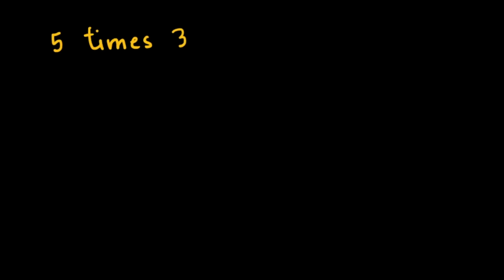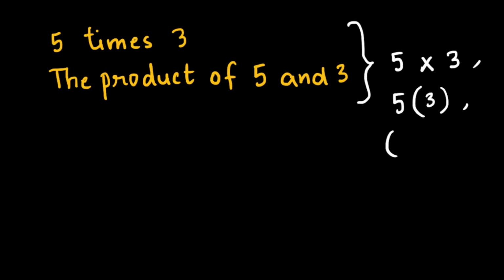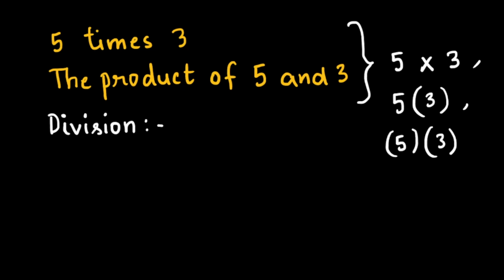Similarly, 5 times 3, the product of 5 and 3 indicate multiplication and can be written as 5 multiplied by 3, 5 and 3 within parentheses, or 5 inside a parenthesis multiplied by 3 inside a parenthesis.